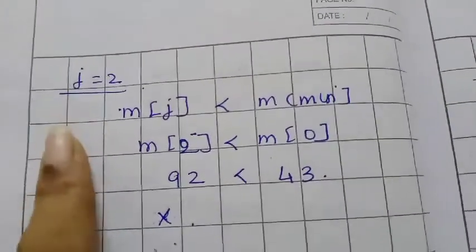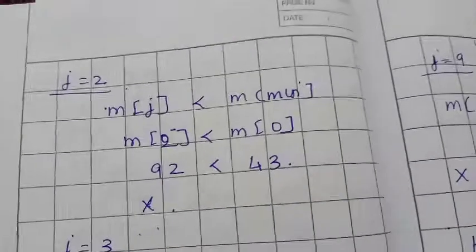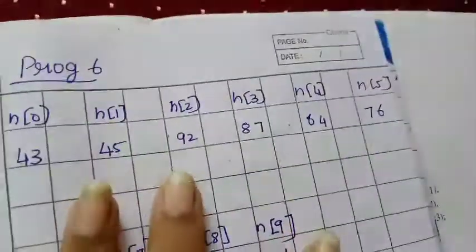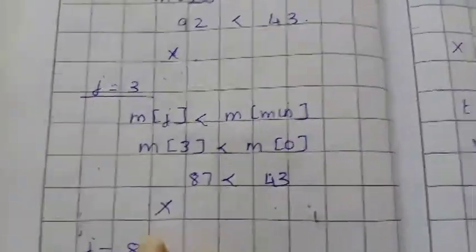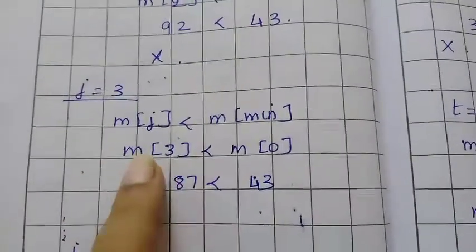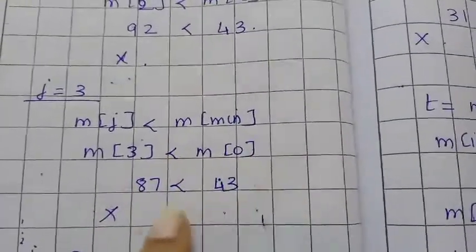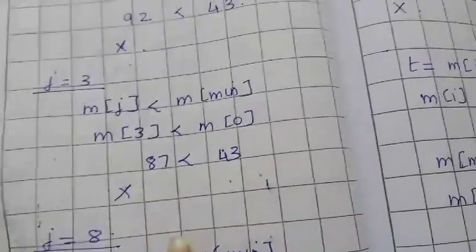It is not. So it is going to the next iteration of j. If m of 2 is less than m of 0, what value is m of 2? m of 2 is 92. Is 92 less than 43? No. Again it goes to the next iteration of j. j is equal to 3. m of 3 is less than m of 0. 87 is not less than 43. So it is also not going to enter the loop.